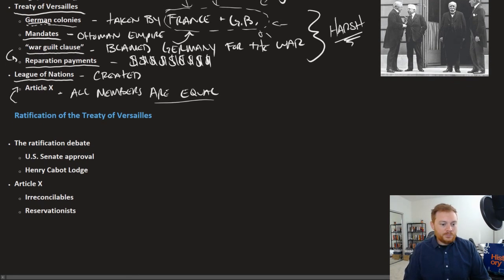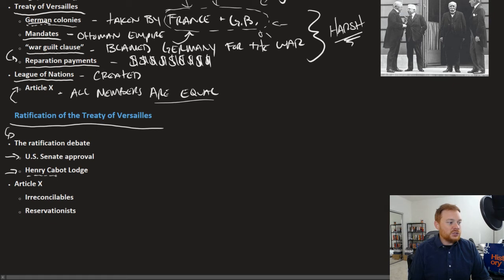Article 10 says, well, all those member nations are essentially equal to one another. Now, Wilson, the U.S. president, doesn't have the power to commit the United States to a treaty unilaterally; it has to be approved by the Congress. And so Wilson comes back home and he needs to get the treaty ratified by Congress. And this sparks a huge debate, especially between the Senate and Henry Cabot Lodge, who was a senator.